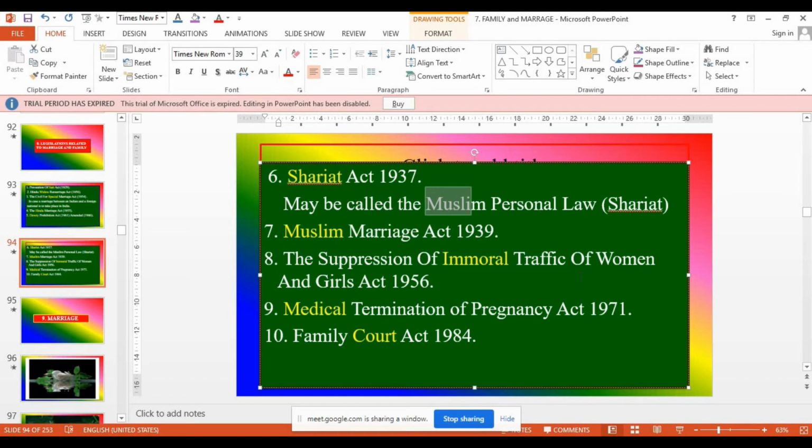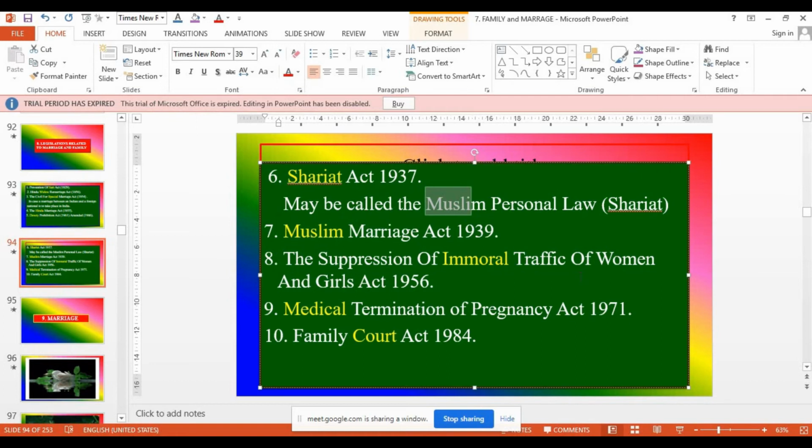10th one, Family Court Act 1984. So this act provides for the formation of a family court in every district.